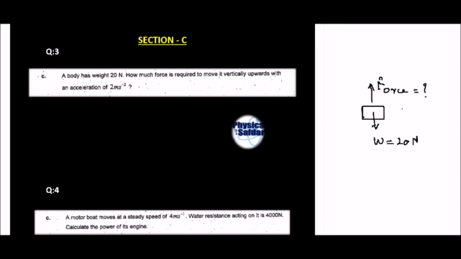The weight of the object is 20 Newton. W is equal to 20 Newton. Upward acceleration is 2 meters per second squared. And you need to calculate that force.